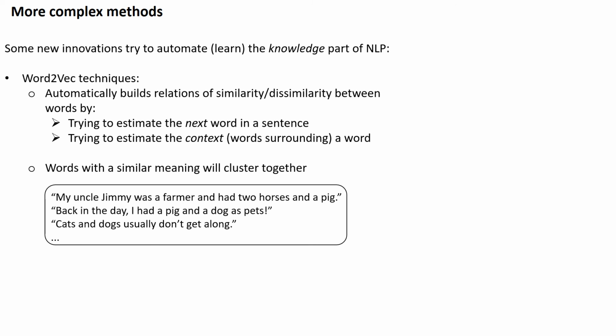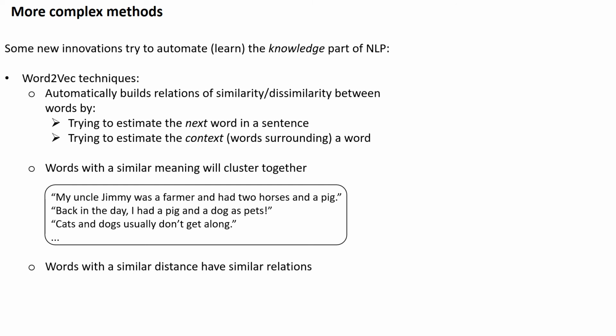Word2vec techniques will pick up that all these sentences are basically about the same subject, animals. And the words pig, dog, horses, cat, etc., will cluster together with relatively small distances between those words.